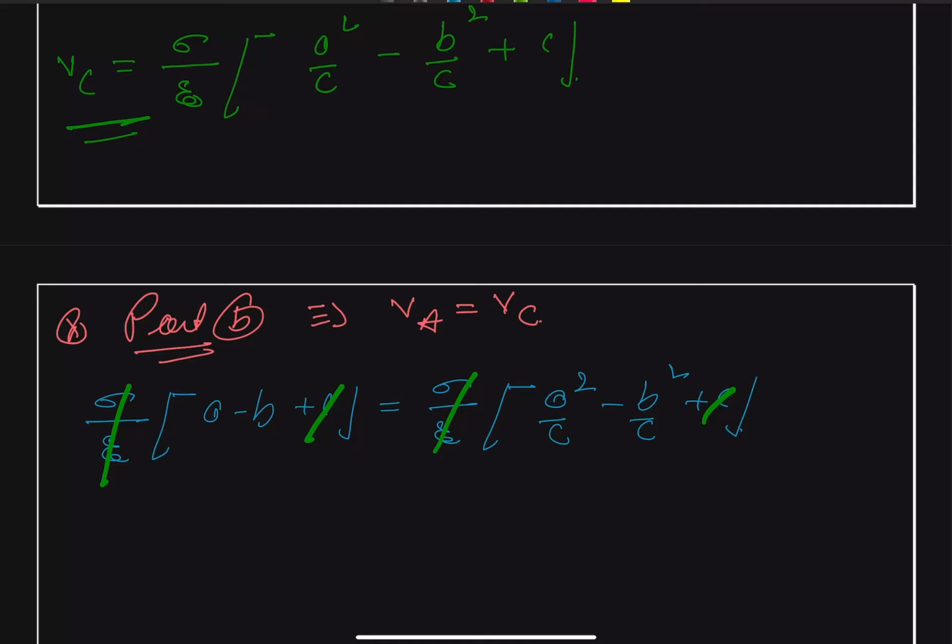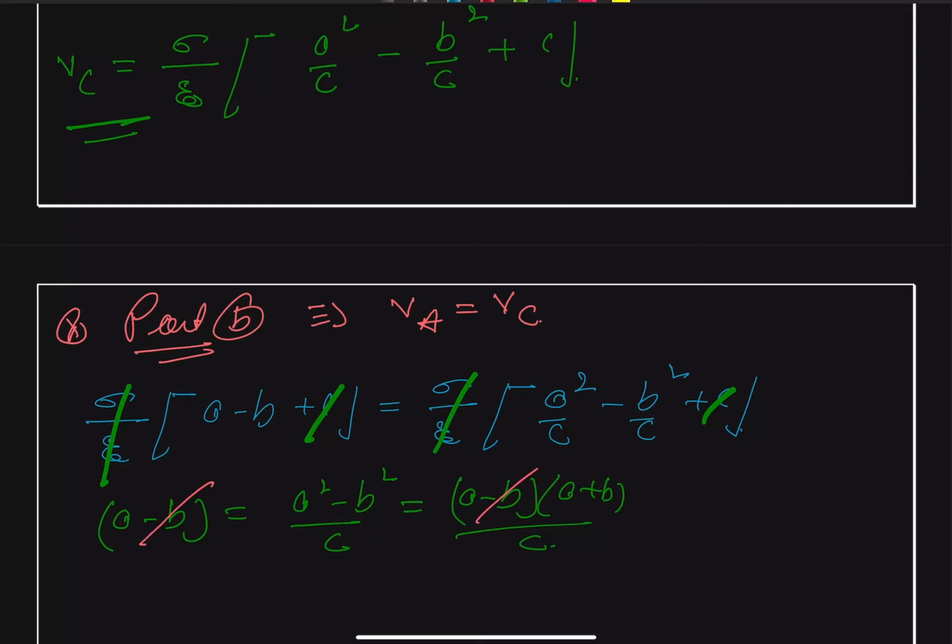Therefore, taking C as LCM, this comes as A minus B is equal to A square minus B square upon C, which we can write as A minus B into A plus B divided by C. And this A minus B and A minus B cancel out.